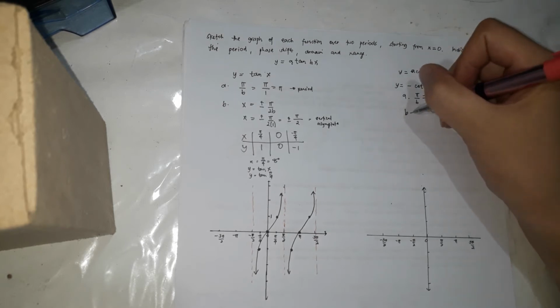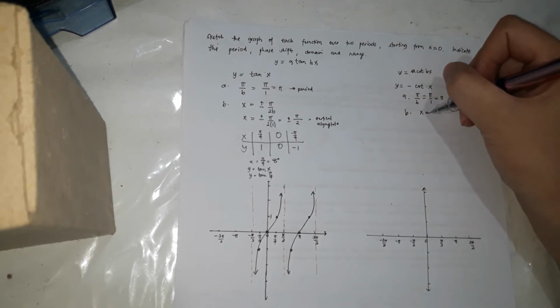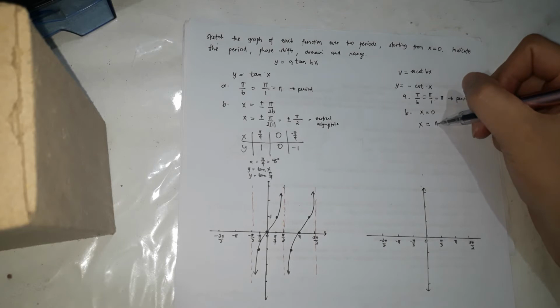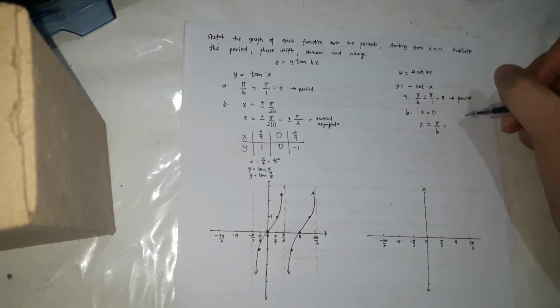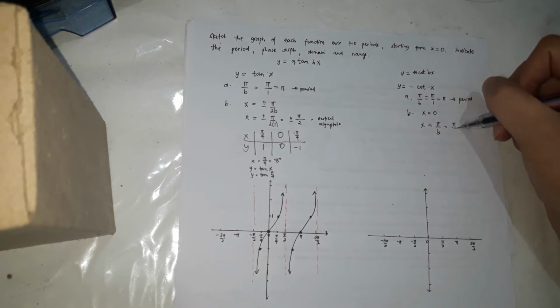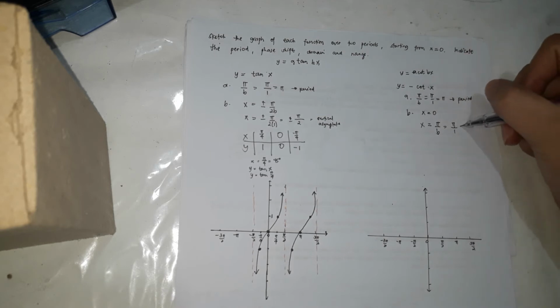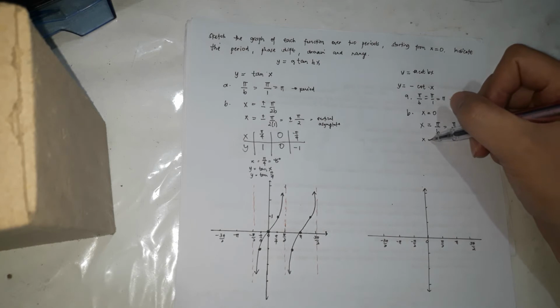Next, letter B. To identify the asymptotes, the first is always x equals 0. The second is x equals pi over b. The pi here is pi, and b is 1, so x equals pi.